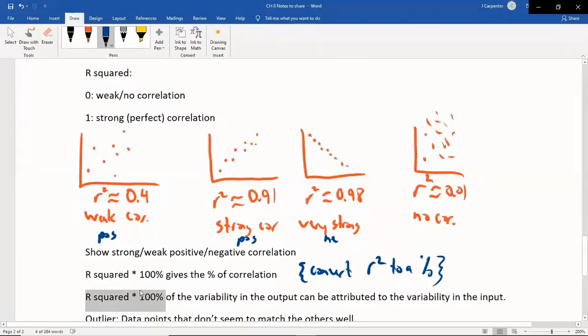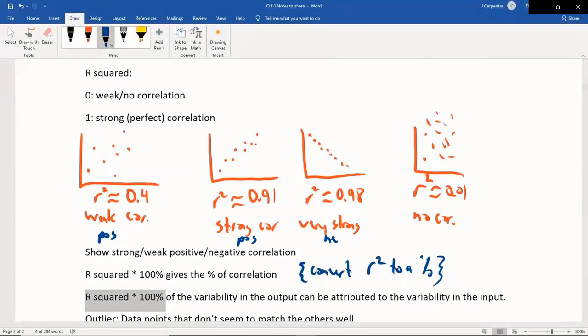So 98% of the change in the output can be attributed to the change in the input. I'm not saying it's caused by. I'm just saying there's a link, a correlation between them. The changing output is linked to the changing input at a 98% effective rate, basically.